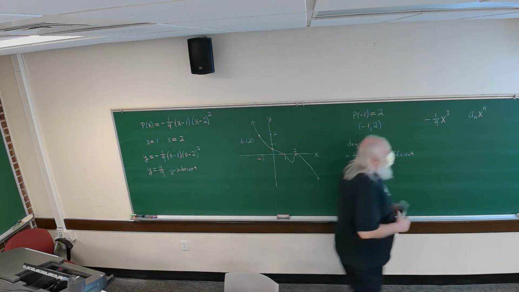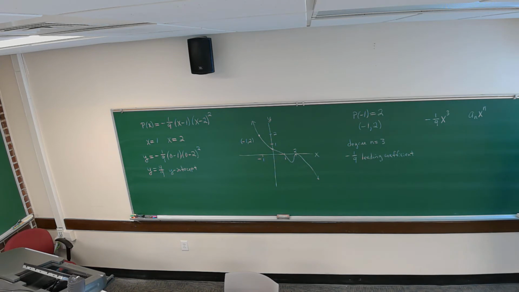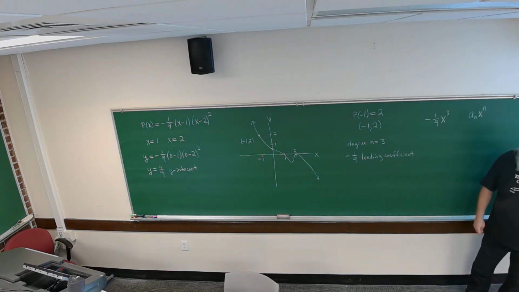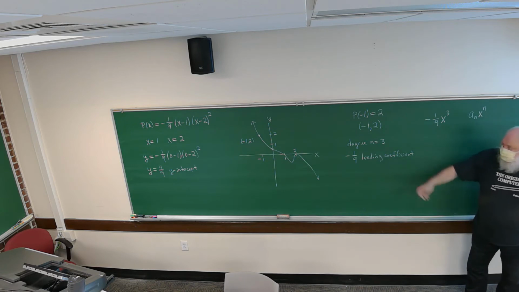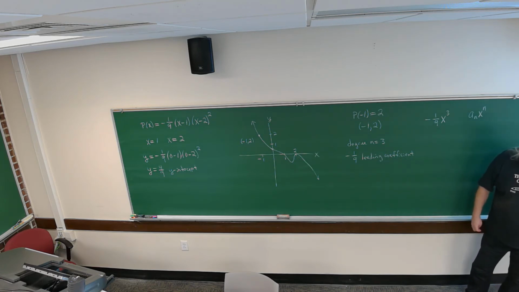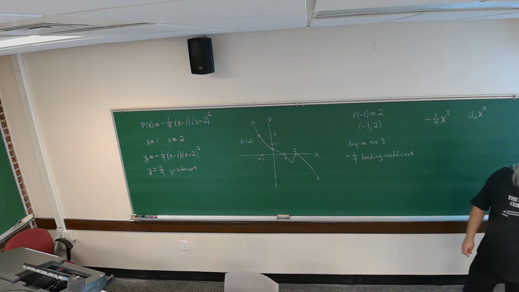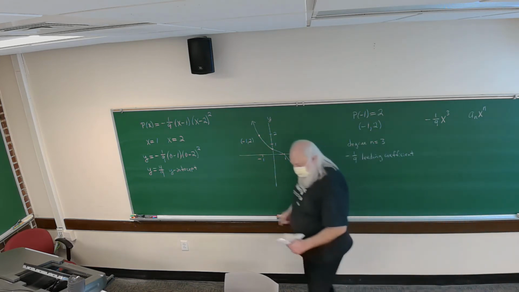Top of page 1: polynomial function of degree n. A sub n times x to the n is the leading term. This is the leading coefficient, and that's the degree of the polynomial. So we deduce that the degree is 3 from the multiplicities, and we calculated the leading coefficient to be minus 1/9. So putting those two pieces of information together, we create the leading term of the unfactored polynomial.